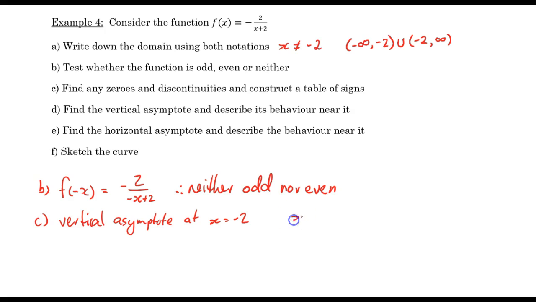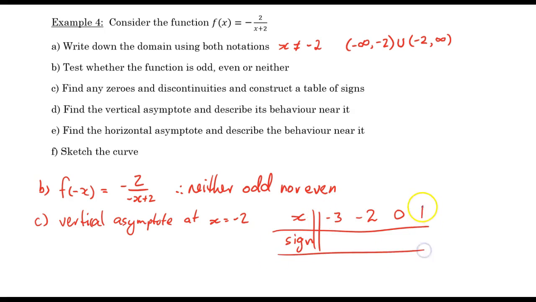So when I draw up my table of signs, x and sign, I need to consider what happens at negative 2 and just a little bit either side. So let's say negative 3, and I could say negative 1, but I much prefer to use 0 where I can. Sorry about the noise there. So if x equals negative 2, it's undefined.